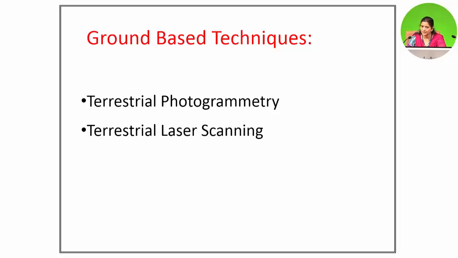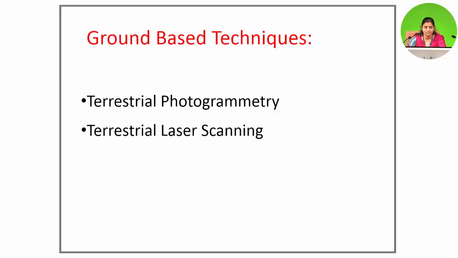Terrestrial laser scanning, as we have already discussed, is a range-based technique. Range-based means that it is an active system. A pulse is transmitted towards the object, it strikes the object and is received back. The time taken for the pulse to go to the object and come back is noted down, and using the speed of light we find the distance of the object from the particular position.